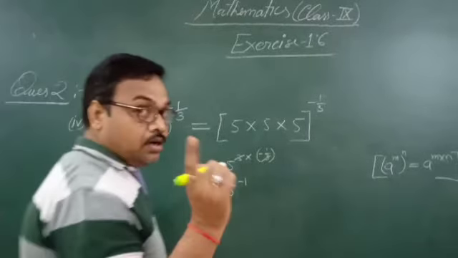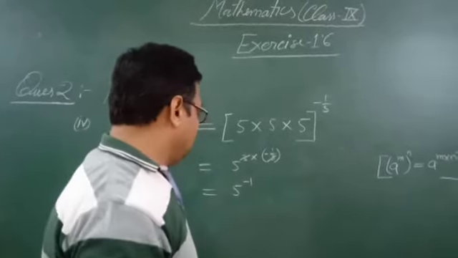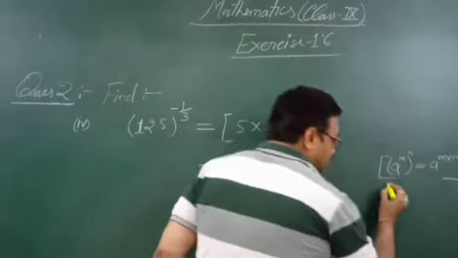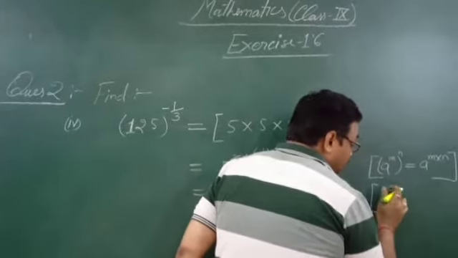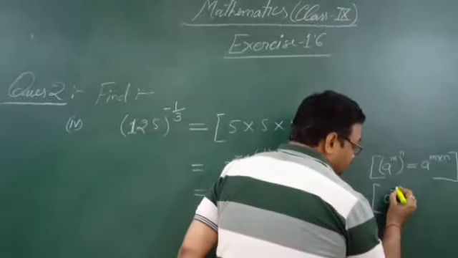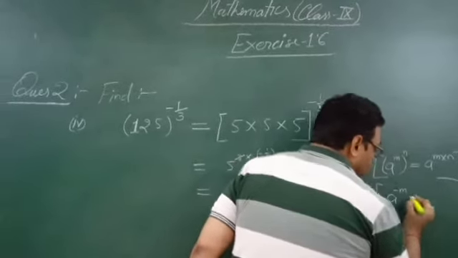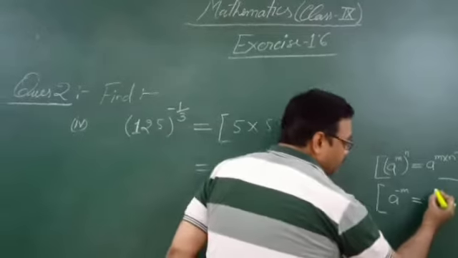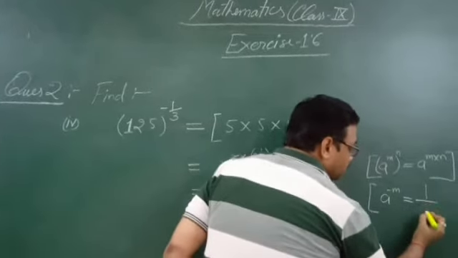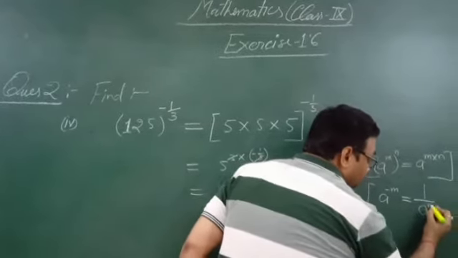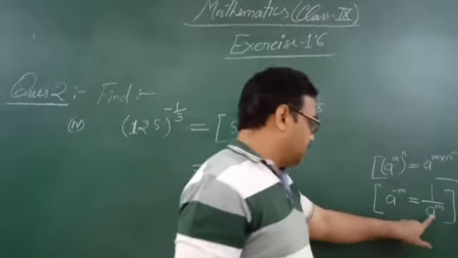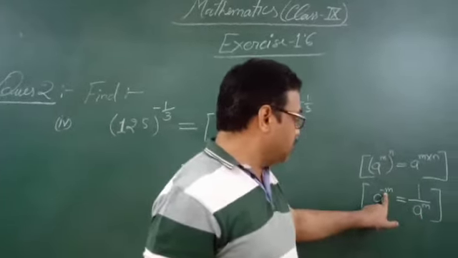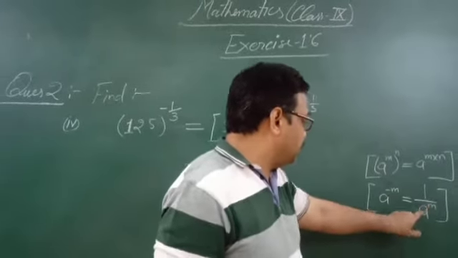Now we will apply another law of exponent. What is that? If a to the power m is given in negative, what happens? It goes in the denominator as 1 upon, and then the sign of the exponent is changed.